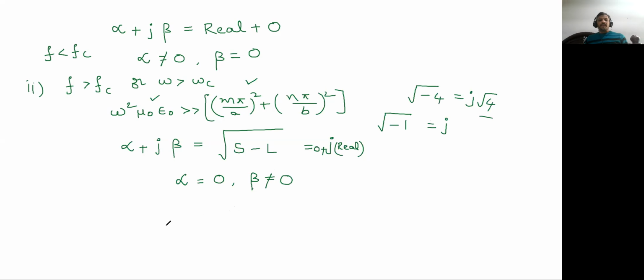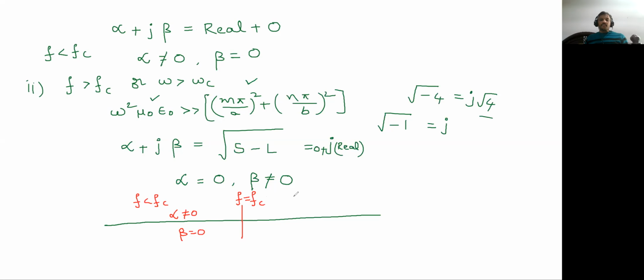What is simply happening here is, if you take that line again, this is the cutoff frequency, f is equal to fc. For f less than fc, alpha is not equal to 0 and beta is equal to 0.